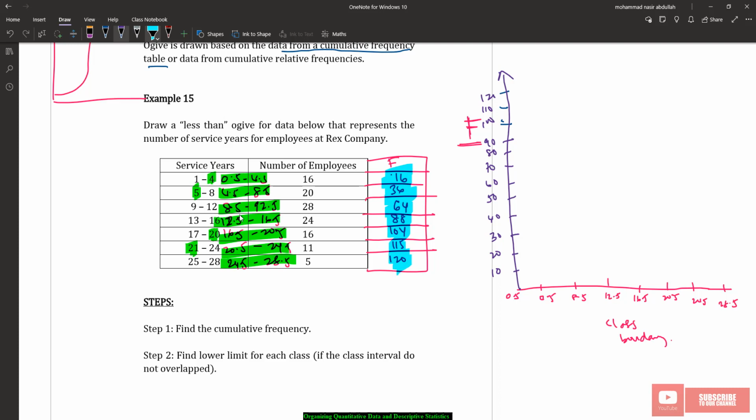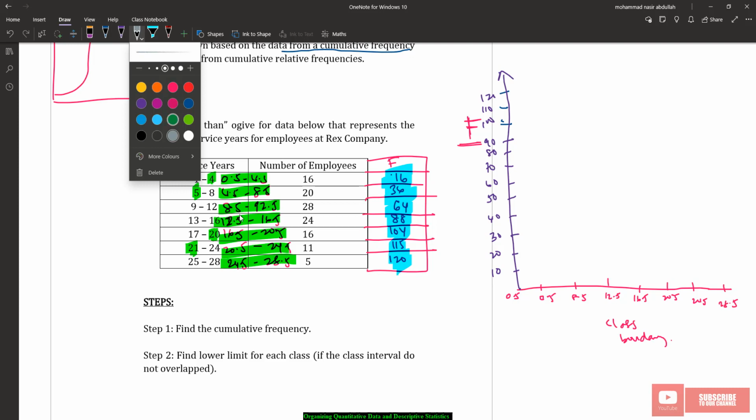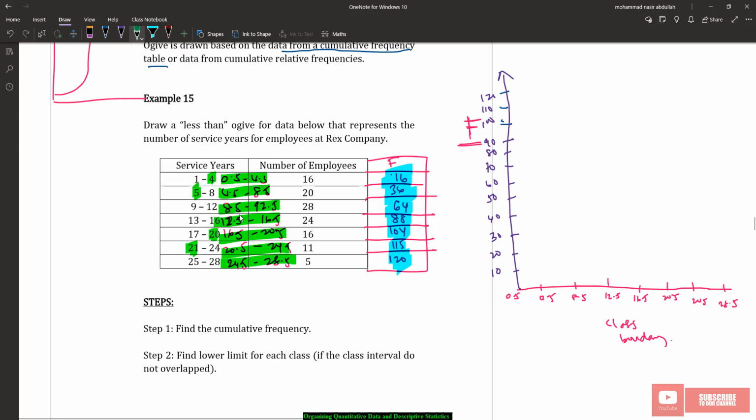So the first point should be, let's say, right. So first point is, remember, cumulative frequency starts before the first class, right? Before the first class the value is 0. So 0.5 is 0. 4.5 is 16.